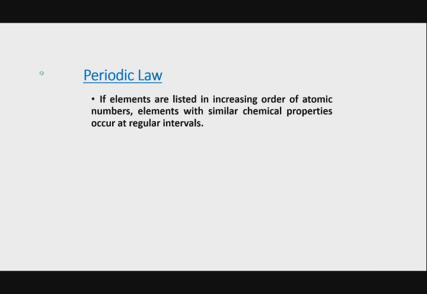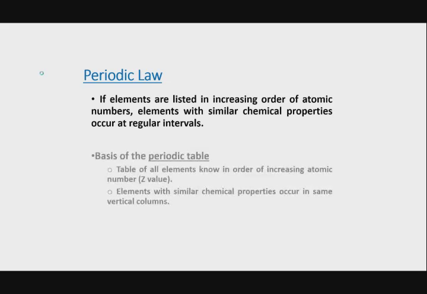The periodic table is based upon something called the periodic law, which says that if elements are listed in increasing order of atomic numbers, elements with similar chemical properties reoccur at regular intervals. So it becomes more predictable. And the periodic table, basically, if you notice and peruse through it, is exactly that. It's a list of elements in increasing order of atomic number, Z values.